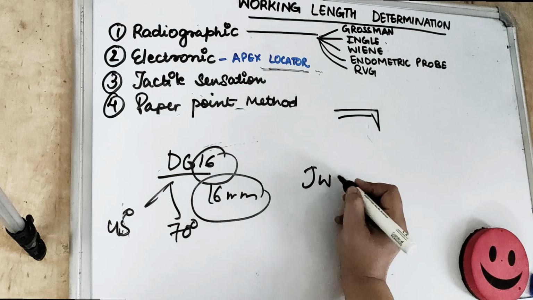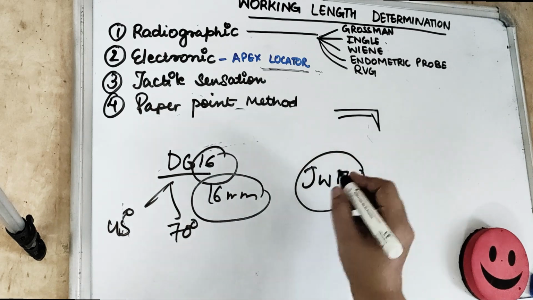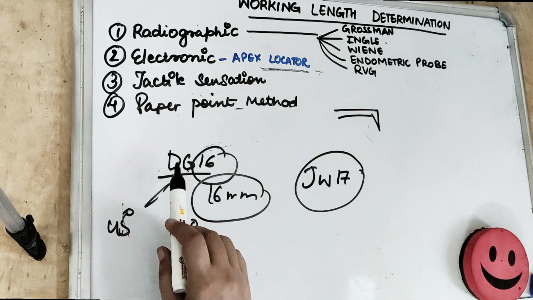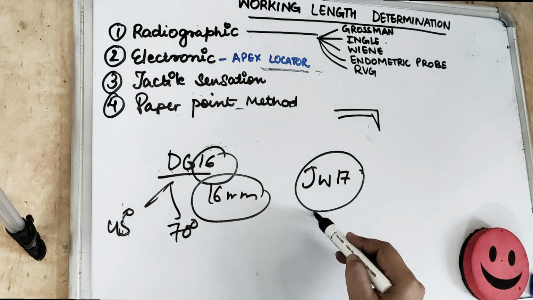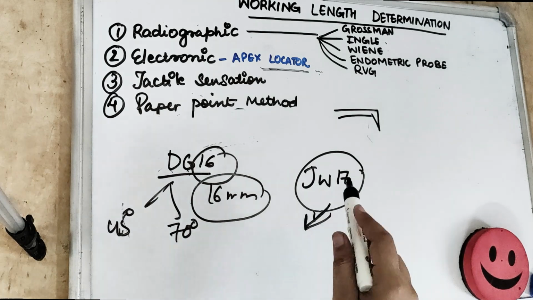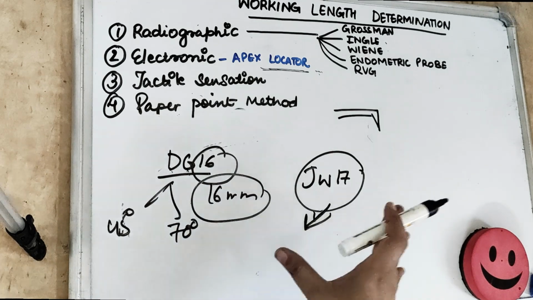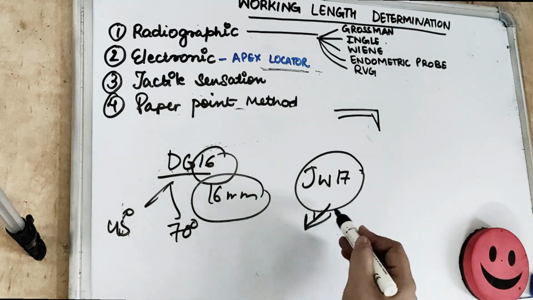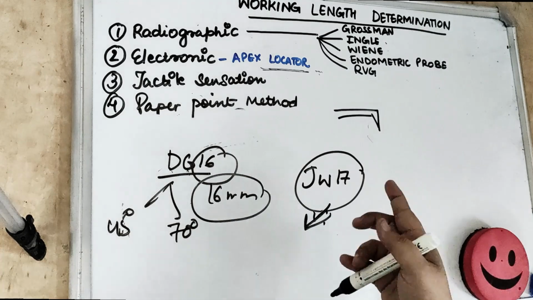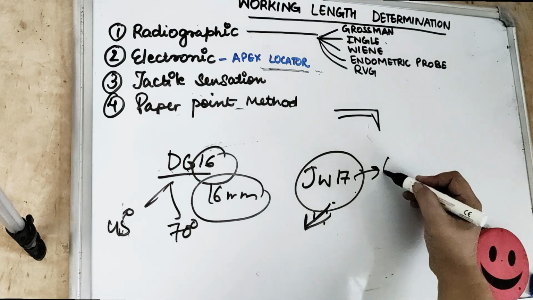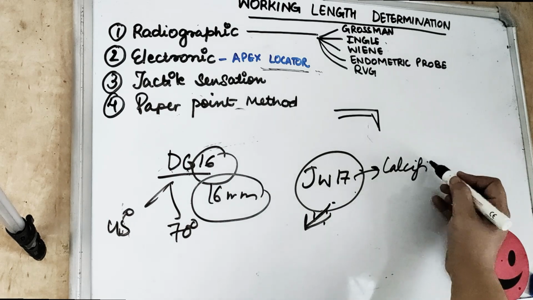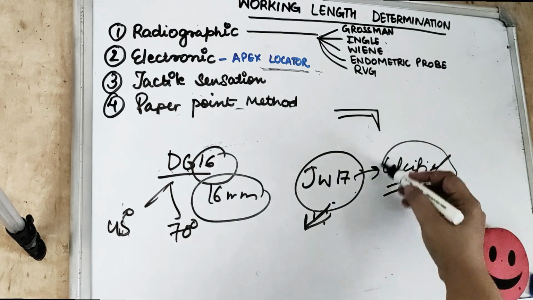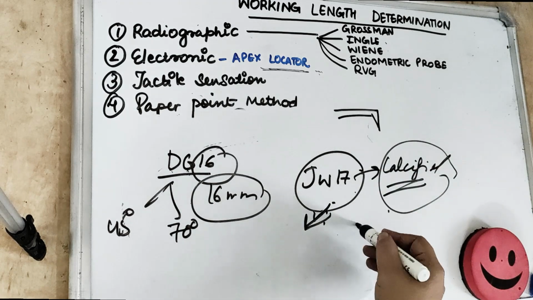Also we have JW17. JW17 is similar to DG16, but because it's thinner, the tip is stiff, tight, rigid, it is used for calcified canals. This is an explorer which we use for calcified canals.